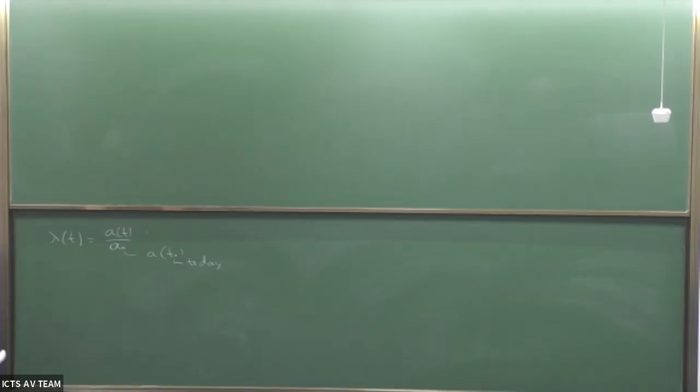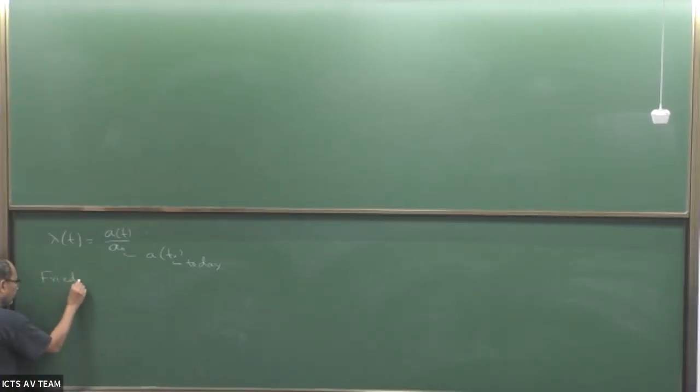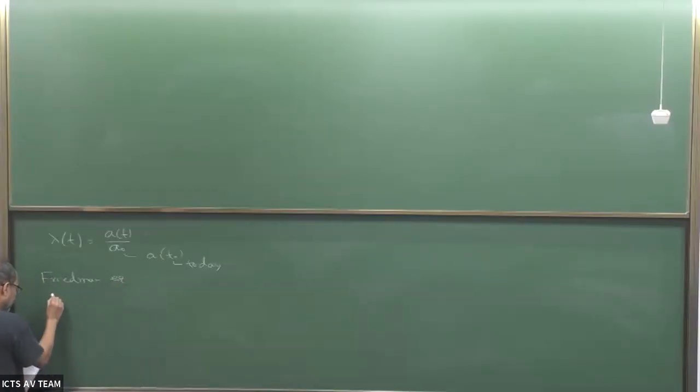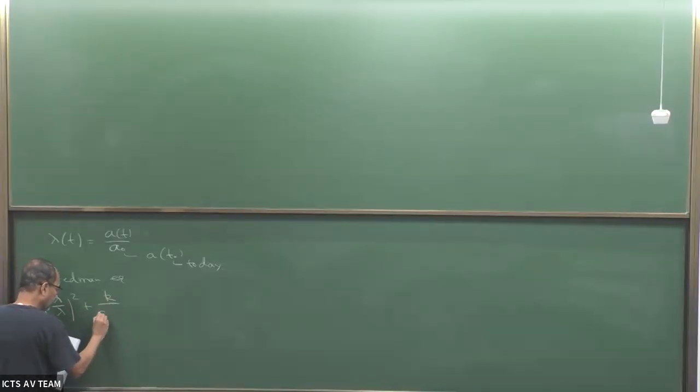And in this variable, the Friedmann equation takes the form (lambda dot over lambda) squared plus k over a0 squared lambda squared equals the total rho.